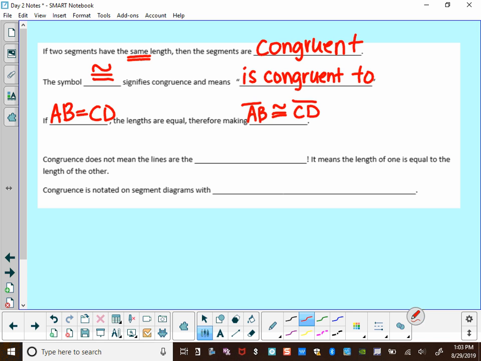If it's equal, then it's also going to be congruent. Congruent does not mean that the lines are the same length. Sorry, the same line. It means that the length of one is equal to the length of the other.